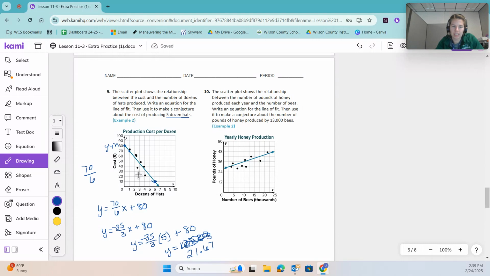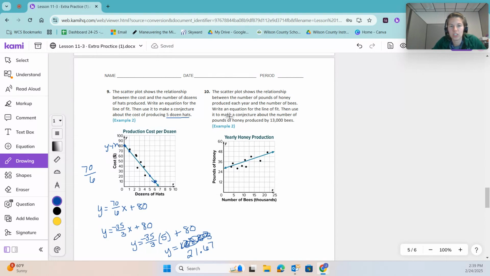I knew that something had gone wrong because when I take a look at 5 dozen on my graph, it's just above 20, barely above 20. So I knew 138 couldn't possibly be correct. I went back and double checked, and I realized, oh, this is a negative slope. So I fixed that in my equation and then recalculated. Always double check your work. Don't just assume that it's correct. That's why we have those checks and balances.